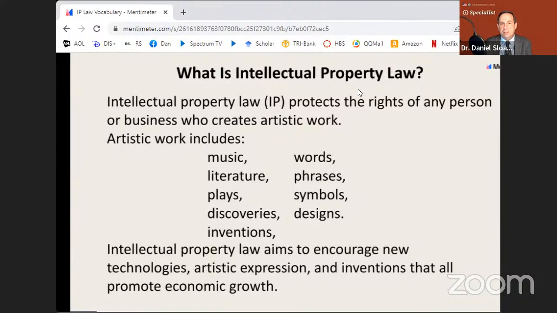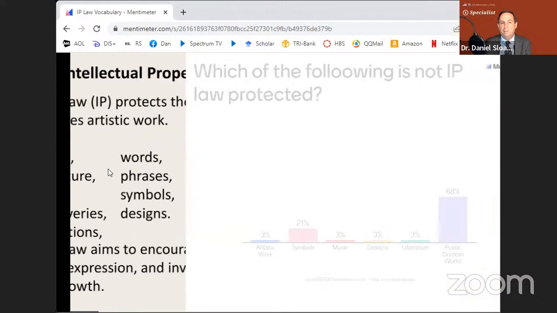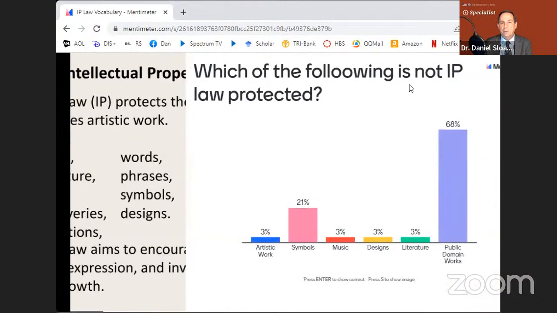And then, what is intellectual property law? Again, it's the protected rights of a person or business who creates artistic work. And then we have: which of the following is not IP law protected? And again, there's a spelling error there. Following.